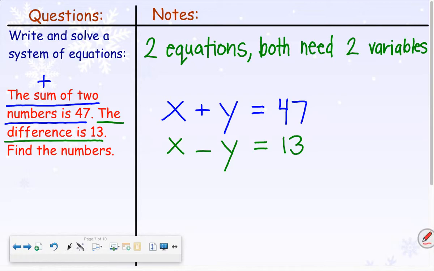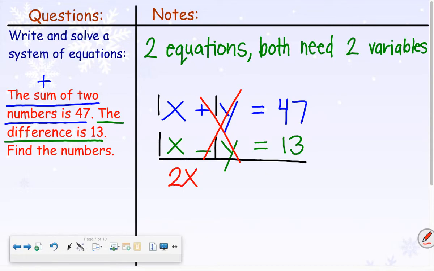Now I can solve this. So this one looks just like the last one where I have x's and y's but no coefficients. So if you want to, you can put the ones in front. Our y's are what's going to cancel. So 1x and 1x make 2x. 47 and 13 make 60.